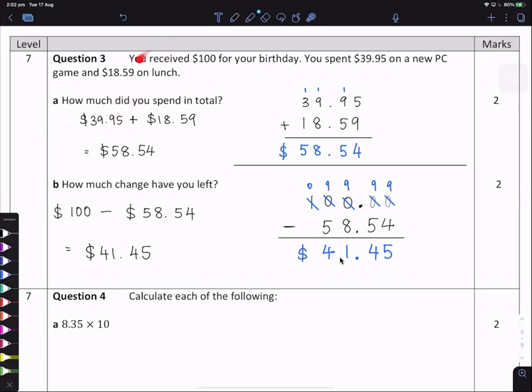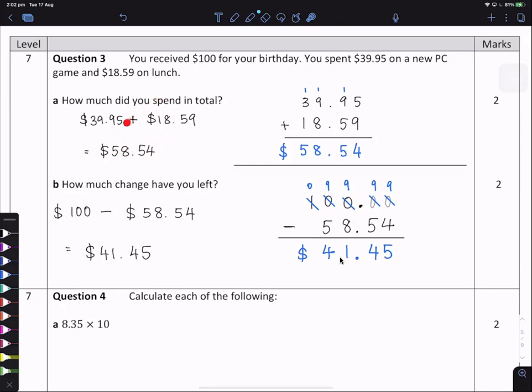Okay, so it seems really confusing, right? Like when you look back at it. But just remember, think about it realistically, and read the question and make sure you understand what's going on here. If you can read this and understand that you spent this much money, well, if you want to figure out how much you spent in total, we just add those two numbers together, which is what even Din said.